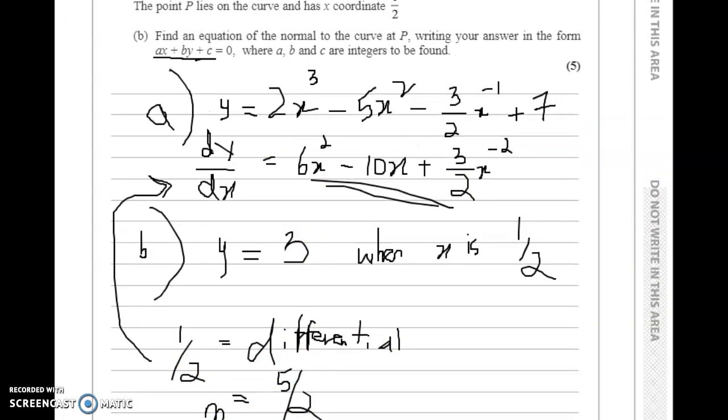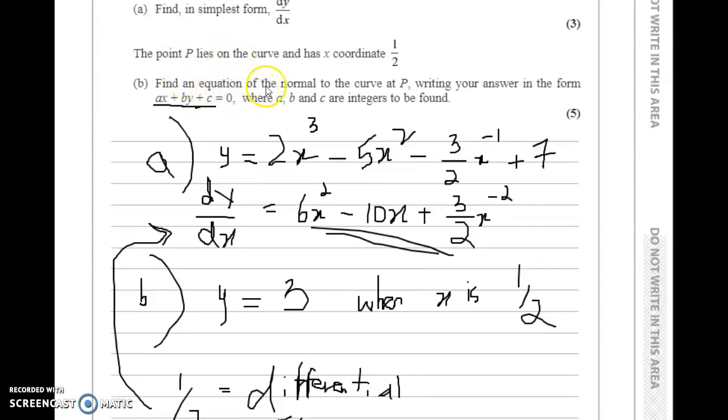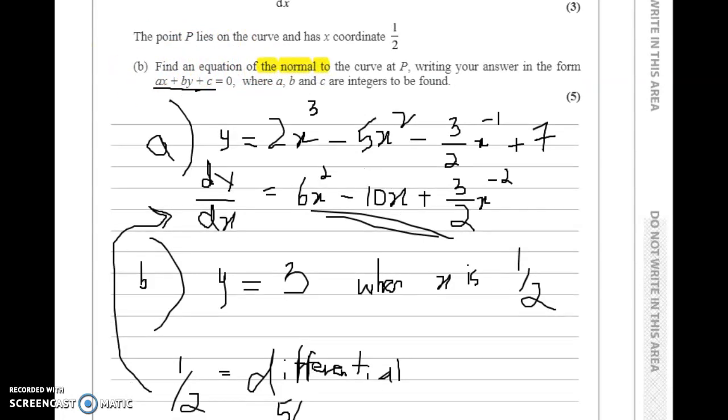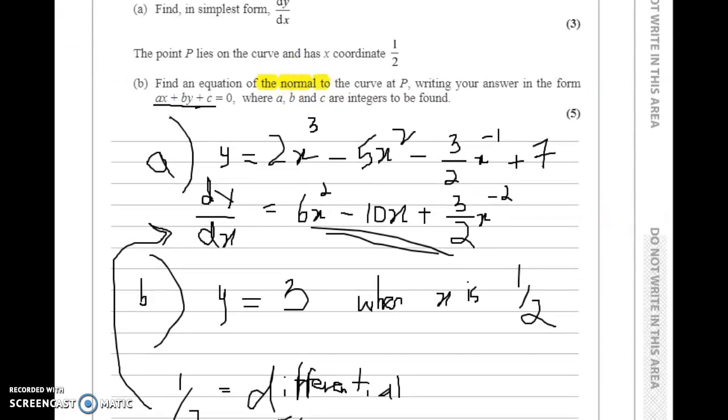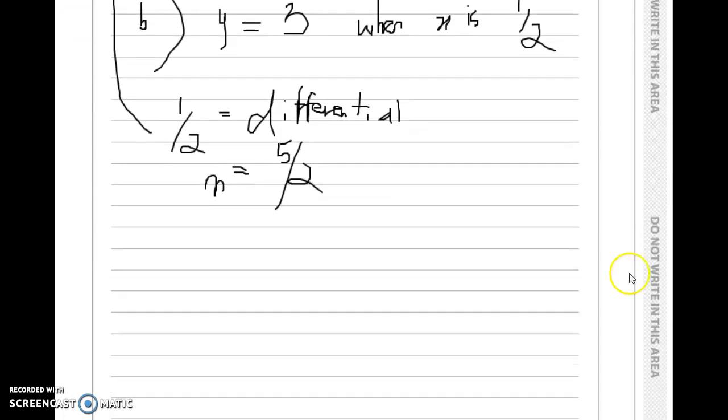Now the question says find an equation of the normal to the curve. We have to find the normal, so we have to change our gradient and flip it.